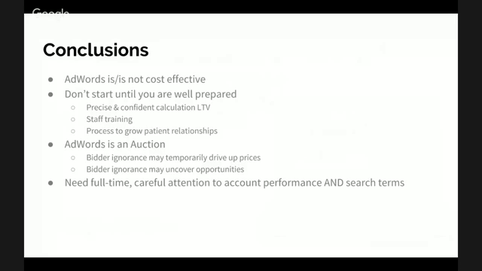The other thing that's really important, and this is where continuous knowledge and insight come in, is that bidder ignorance may uncover some really good golden opportunities. For every person bidding $50 on Beverly Hills cosmetic dentist, there could be a $5 niche keyword that's almost the same thing. When you look at the search query reports, it's very eye-opening to see the range of different words that people are using to find you as the practitioner.